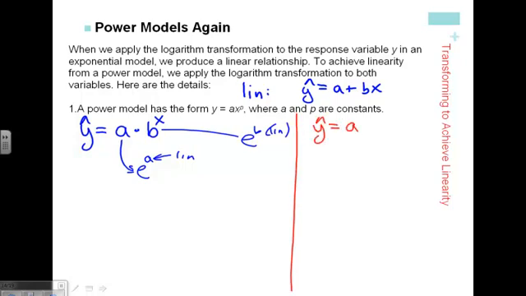Y hat is equal to A x to the B. If I take the natural log of both sides of this model, I get the natural log of y hat, and there's a property of logs that says if you're multiplying these two things, you can actually break them down as an addition problem.